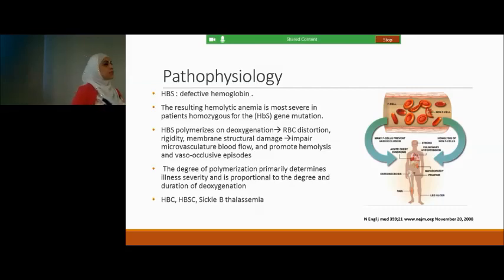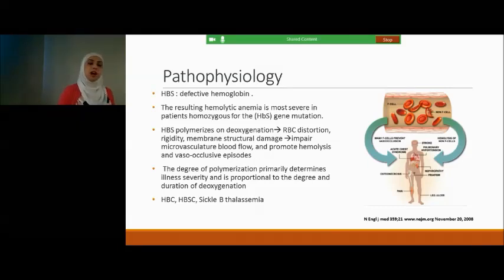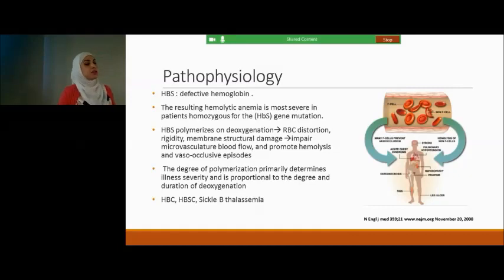It's all stressful conditions to that hemoglobin, so it polymerizes under deoxygenation conditions, and there's RBC distortion, there's rigidity and less flexibility of the RBCs, there's membrane structural changes, and finally this will affect the rheologic properties of the RBCs, and the blood flow will not be as smooth and normal, and this will result in vaso-occlusive crises and other catastrophic complications that we're going to go over briefly.